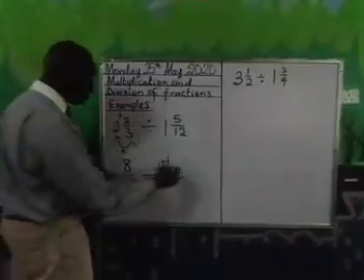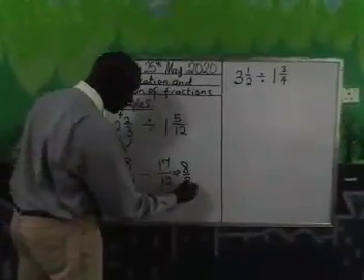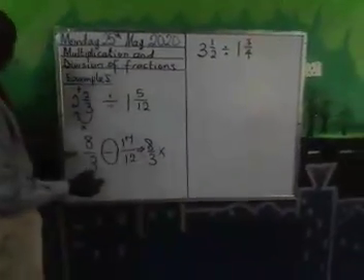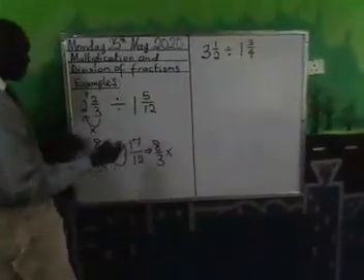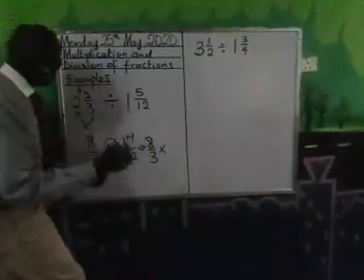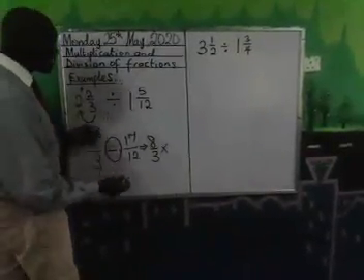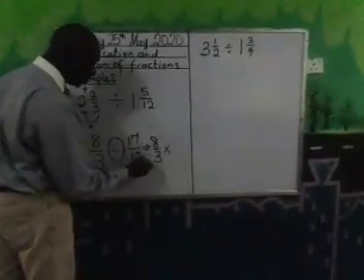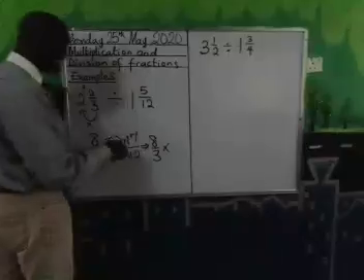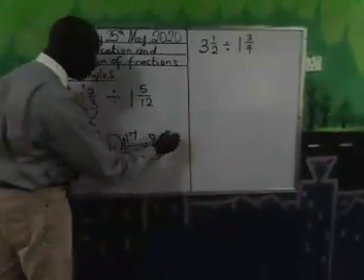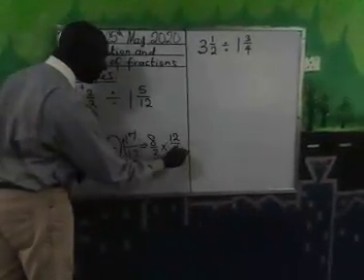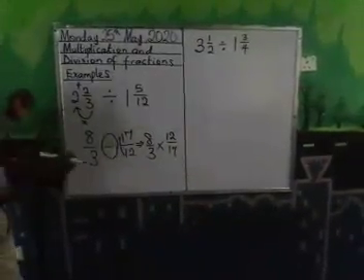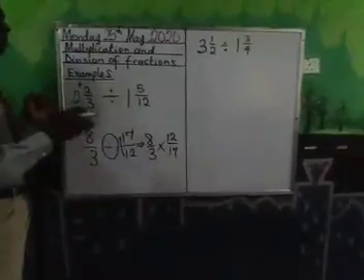Now this sign here changes to multiplication. Now inverse. That is, turn it upside down. So we have this 12 going up and telling 17 please go down. 12 comes up and 17 goes down. It's that easy. And you are on your way.